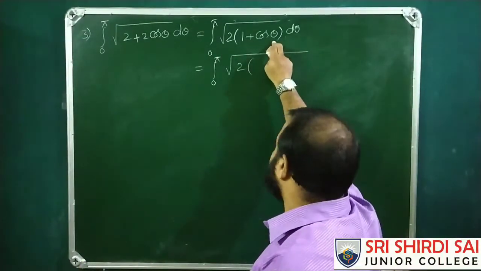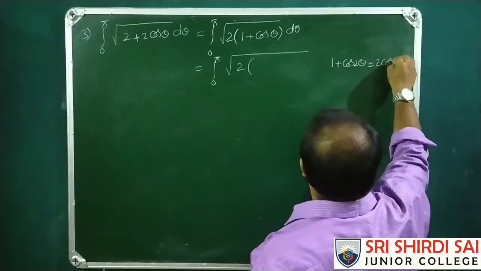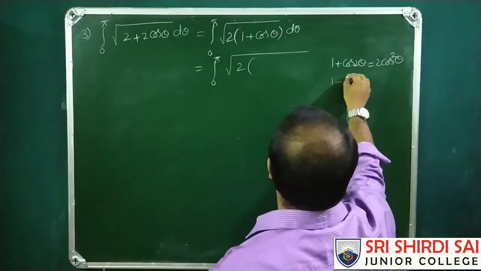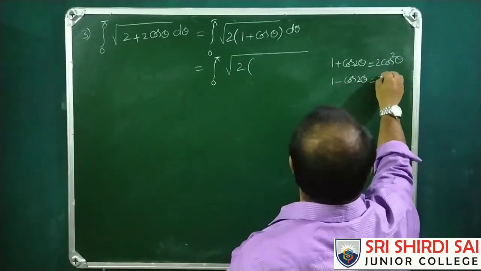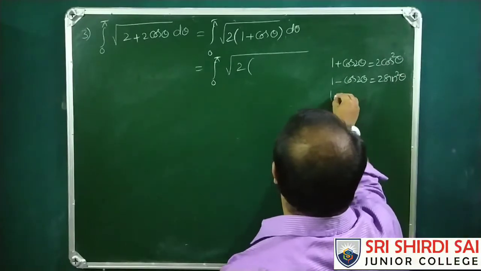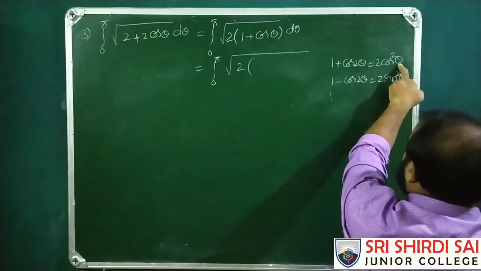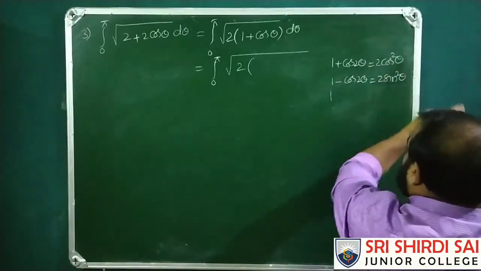It is 2 cos square theta. 1 minus cos 2 theta is 2 sin square theta. So if it is 2 theta, here it will be half of that, 2 theta by 2 is theta.